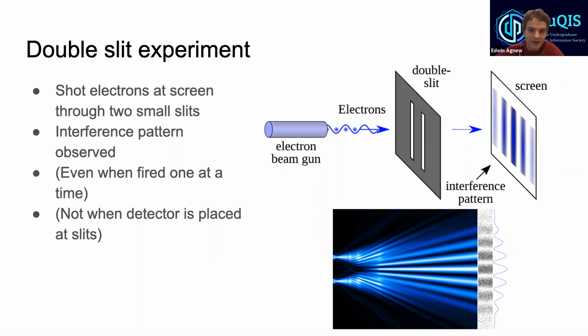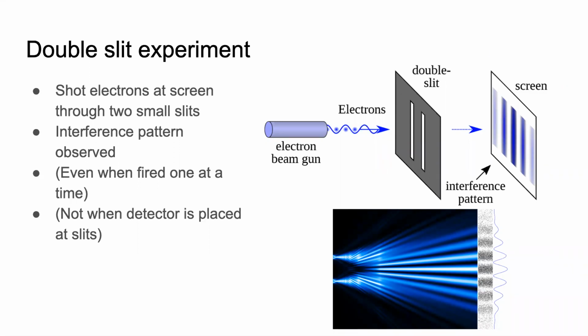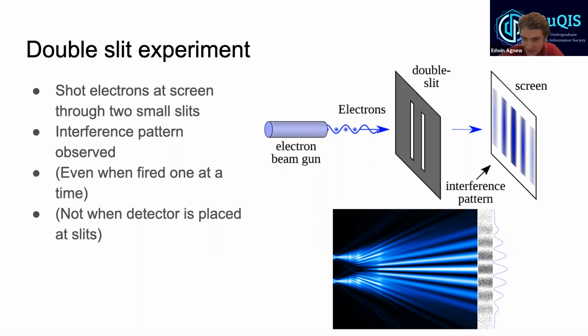But instead, there was this thing called an interference pattern, which is shown a bit better in this bottom picture, where there are parts even in the middle where no electrons ever land, and then there are parts where they land with a lot higher frequency. And what that indicates is what's called the wave-particle duality of electrons, which basically means it's able to interfere with itself.